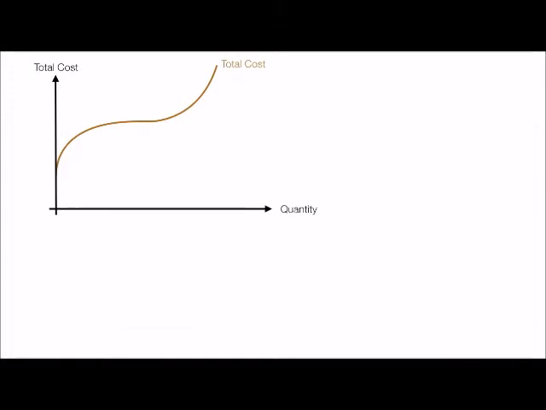Now I'm going to draw the marginal cost curve. For marginal cost, I take a quantity and a total cost, and what I want to know is how much total cost increases if I increase quantity. To do this, I take the second total cost minus the first total cost, divided by the second quantity minus the first quantity.